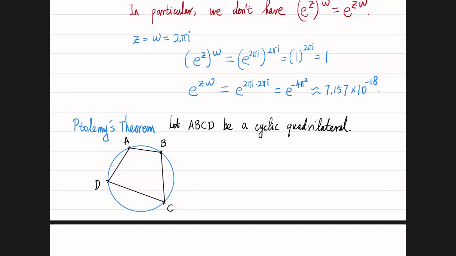We consider a cyclic quadrilateral that is arbitrary. Your quadrilateral may be different from mine as long as it's cyclic. Then I connect the opposite vertices, the diagonals.